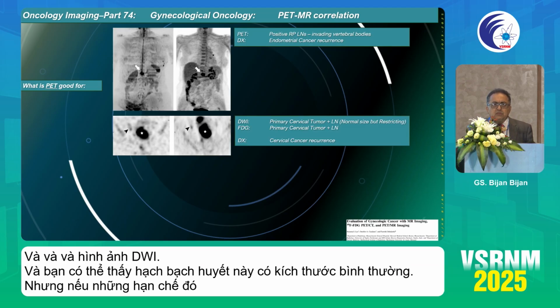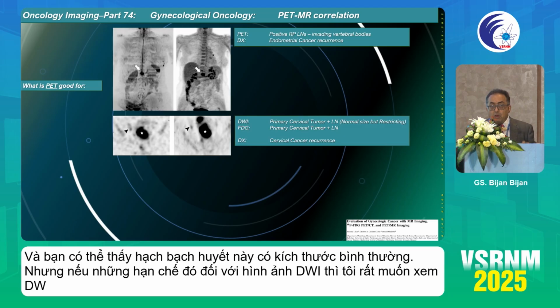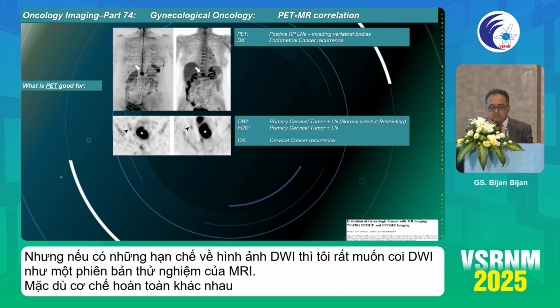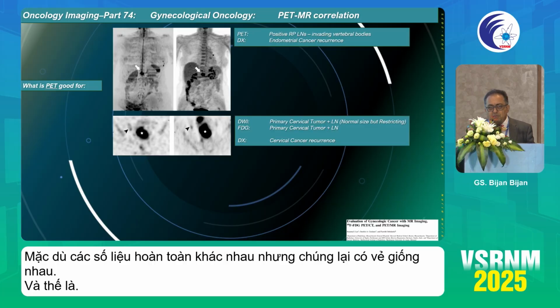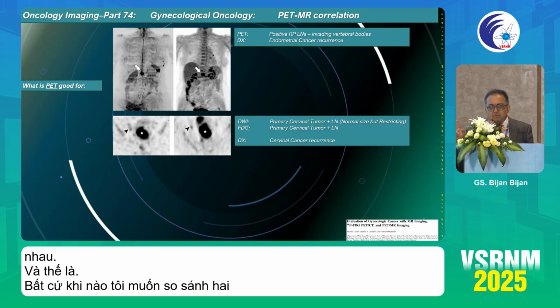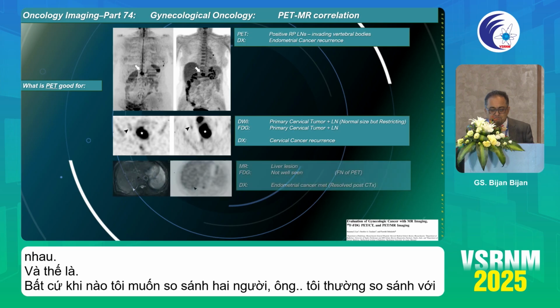I very much like to look at the DWI as a PET version of the MRI, although the mechanisms are totally different, they kind of look alike. Whenever I want to compare the PET to the MR, I usually compare with the DWI.